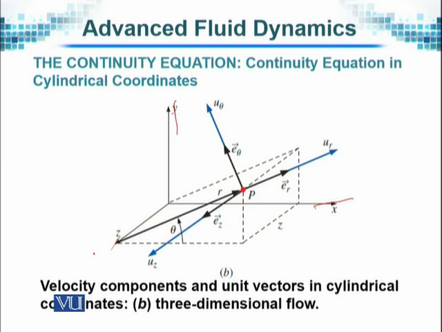If we want to transform them to cylindrical polar coordinates, then we can see the radial component u_r, the angular component u_theta, and u_z, which is perpendicular to both r and theta. So this is the situation in three-dimensional motion for cylindrical coordinates, and the continuity equation can be transformed by standard procedure in three dimensions also, and written from rectangular form to cylindrical polar coordinates in 3 dimensions, just as we wrote down in 2 dimensions.